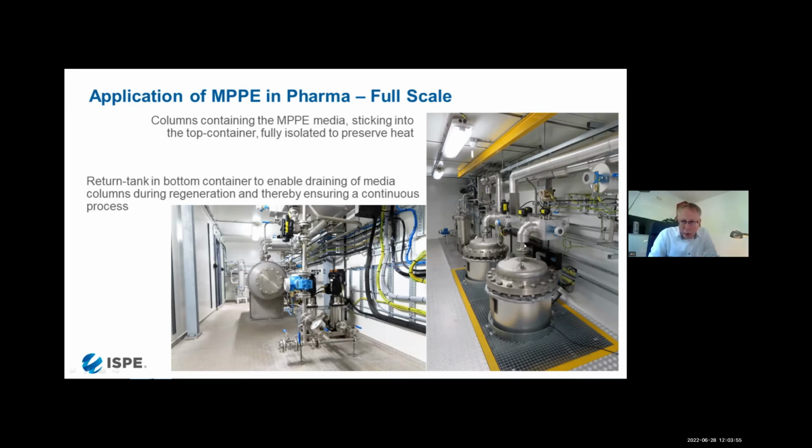You see some steam supply coming in, and it's maybe a bit difficult to see, but like I said, these columns are sticking through the roof of the bottom container. And here you see a tank which is used to collect some water during the regeneration. In the end, this water is also being treated.